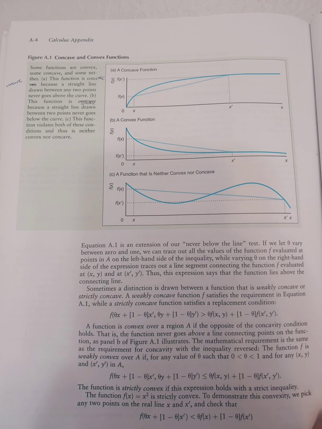Finally, the Cobb-Douglas function f of K and L equals A, L to the power alpha, K to the power beta, where L and K are non-negative real numbers. It is concave if alpha plus beta is less than or equal to 1.